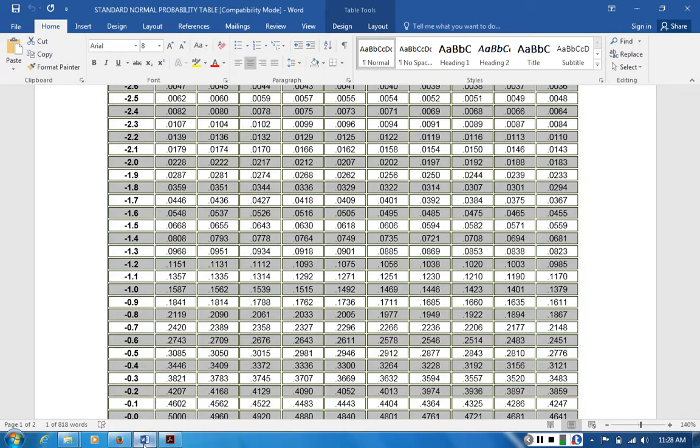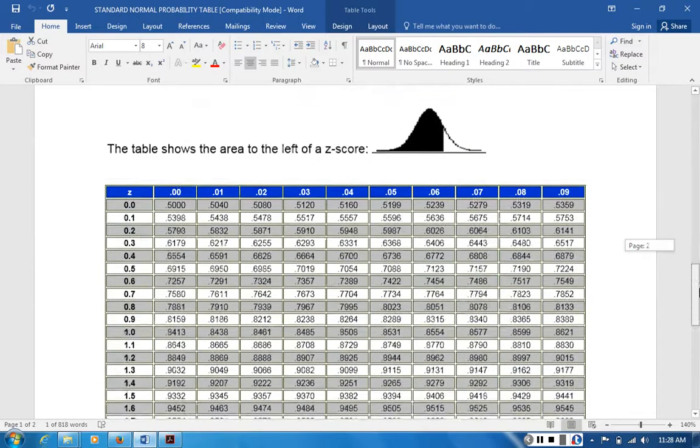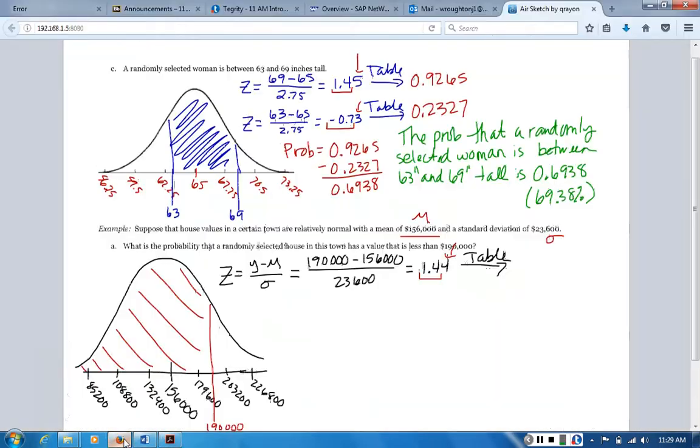So we go to our table, positive side this time, and we find our 1.44, and we find a 0.9251. And again, as we just discussed, our picture is shaded left, the table is shaded left, so that number that we just found in our table actually is our probability.